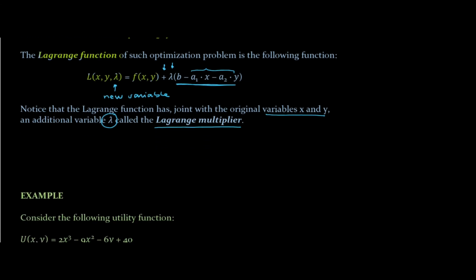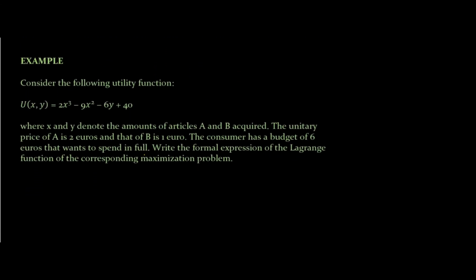So let's see an example of how we build this Lagrange function. We have the utility function. This is our model: maximizing 2x cubed minus 9x squared minus 6y plus 40 such that 2x plus y equals 6. We want to write the Lagrange function of this problem, and we have L of x, y, and lambda equals the original function.